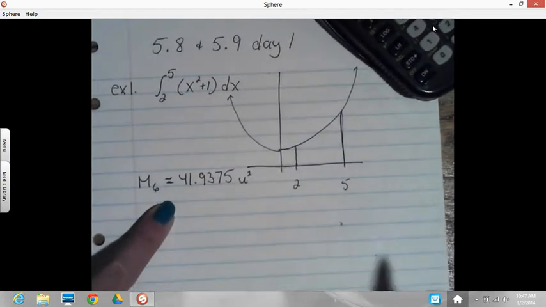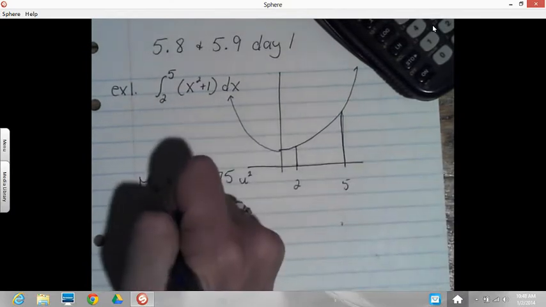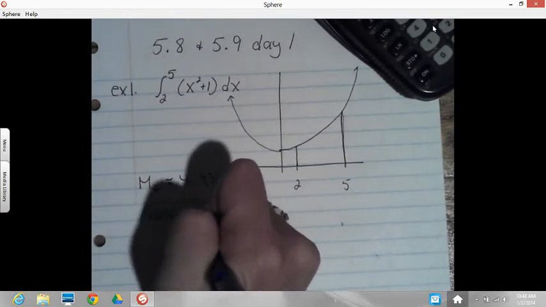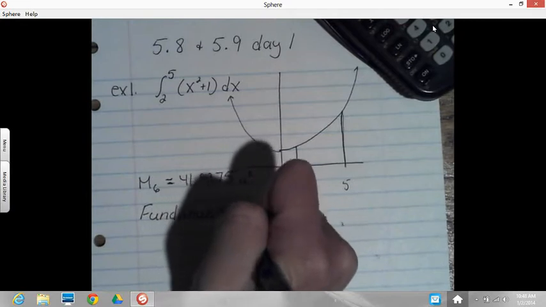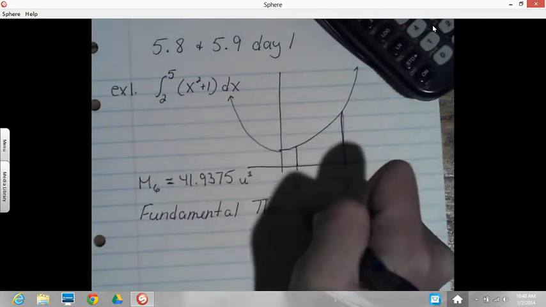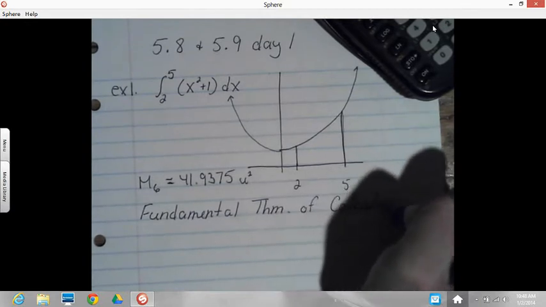Okay, what we're going to do now, from now to the end and forever in calculus, is the fundamental theorem of calculus. How important does that sound? Fundamental theorem of calculus.